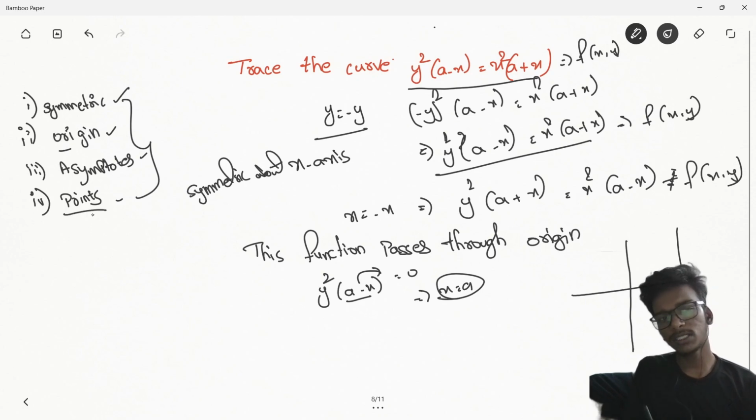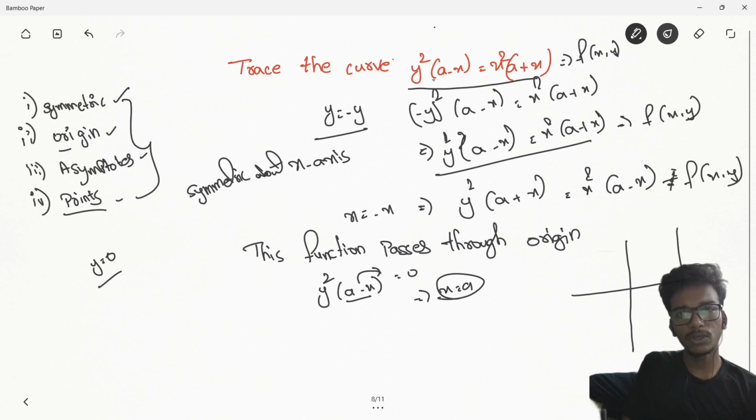Now another thing we have to check is the points where this function cuts the x-axis and y-axis. It's definitely going to cross at origin. If you keep y equal to 0, then we will get all the points where the function passes through x-axis. Just keep y equal to 0, then the whole left hand side will be 0. x square into a plus x equal to 0. That implies x square equal to 0 and a plus x equal to 0.